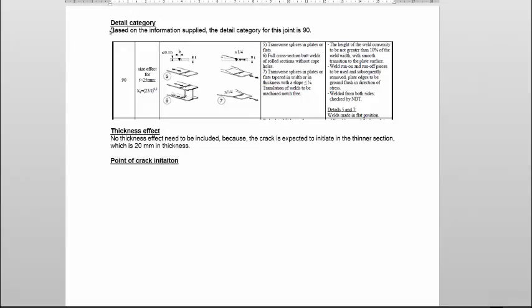Sorry, my spelling error. The crack is expected to initiate at the weld toe in the thinner 20 millimeter plate.